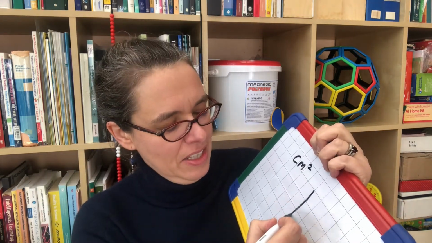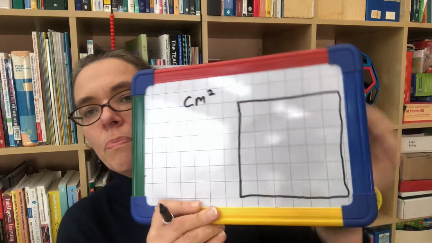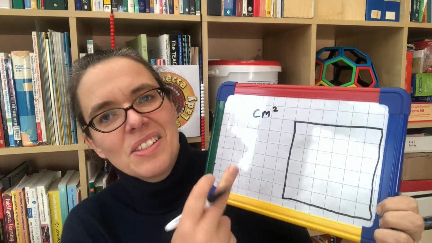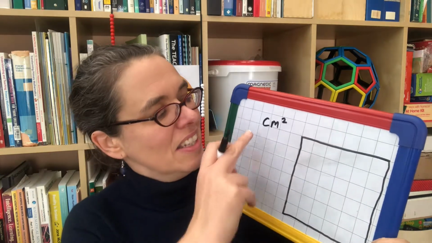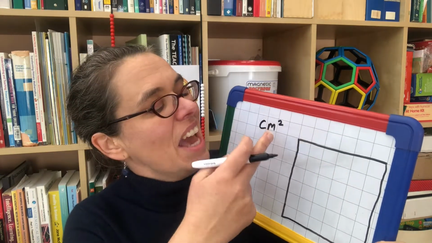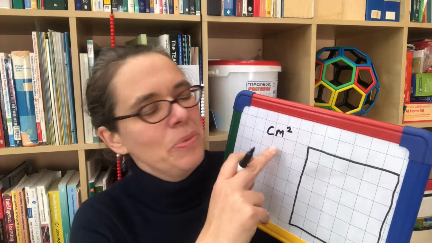But in essence they want to remember that 6 squared was 6 lots of 6, and we built it with Dean's blocks or paper squares, and 6 squared is the area of a square that has side 6, and a centimetre squared is the area of a square that has side 1 centimetre.